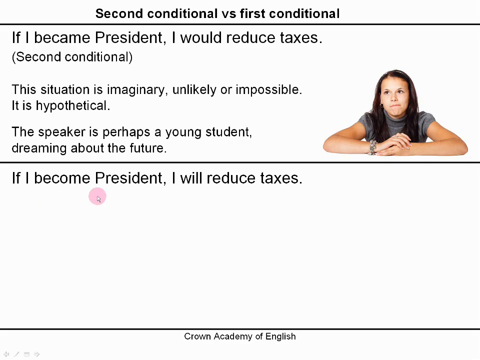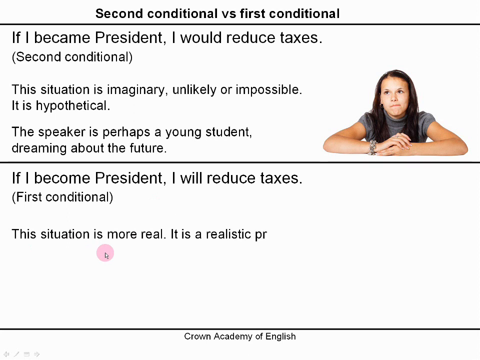Now look at this. If I become, so this is the present simple. I will reduce taxes. So this is the future simple. And this is in fact the first conditional. This situation is more real. It is a realistic promise.